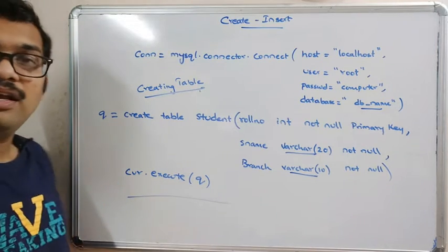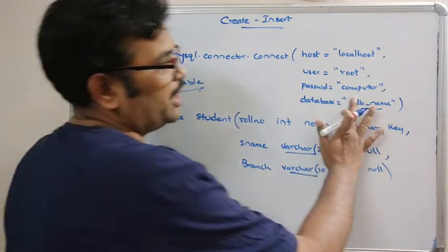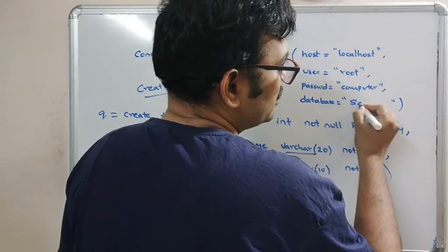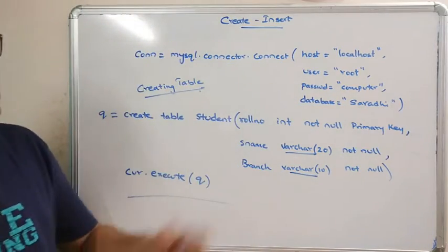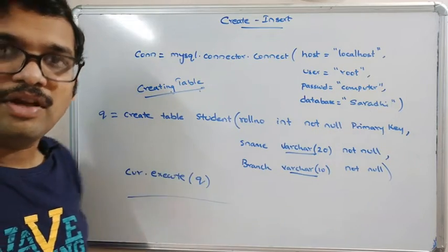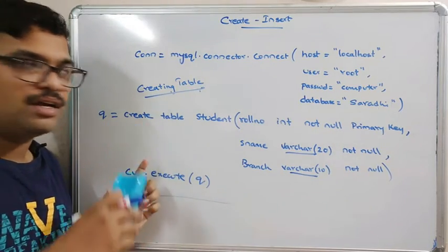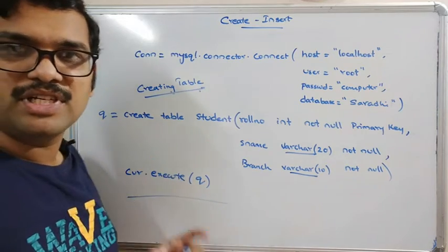Automatically the query will be executed and the table will be created under the given database. Here I will give a database such as Saradhi or Sundeep, which is available in our databases list. So this table will be created in this database. I will demonstrate each and everything on the system. Don't worry, this is a simple syntax.